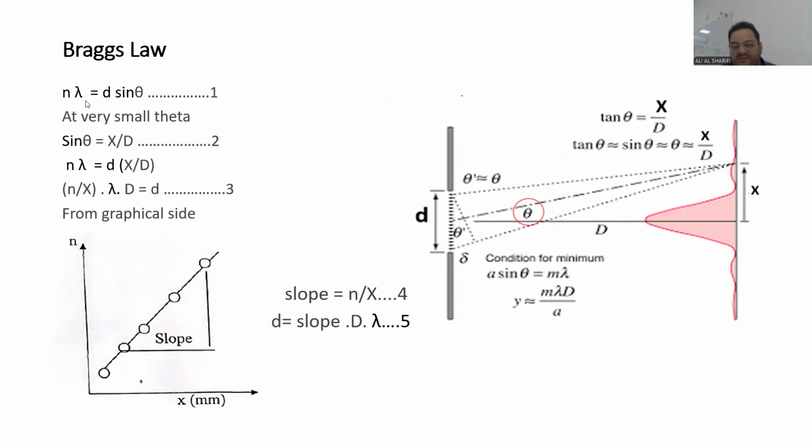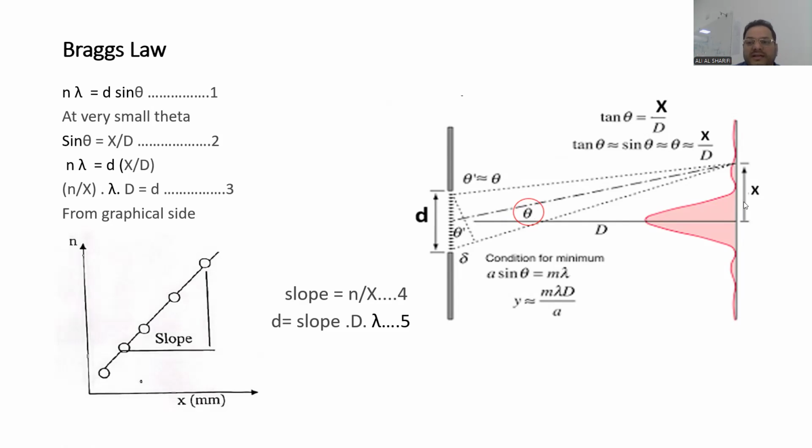Lambda is constant because we used helium neon. Sine theta, we don't have theta so we can't calculate sine theta directly, but we have another math trick: theta dash approximately equals theta. By that, sine theta equals x divided by D, okay?